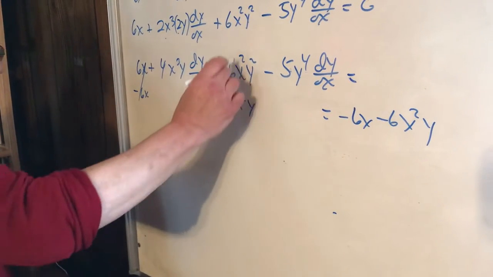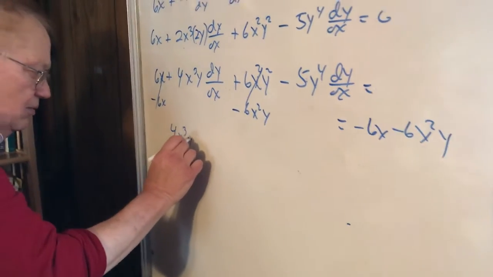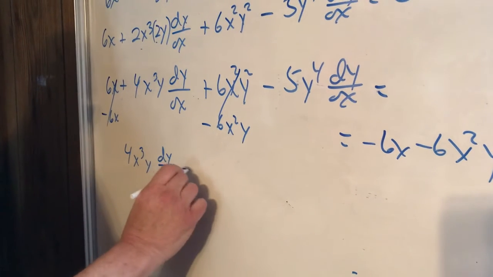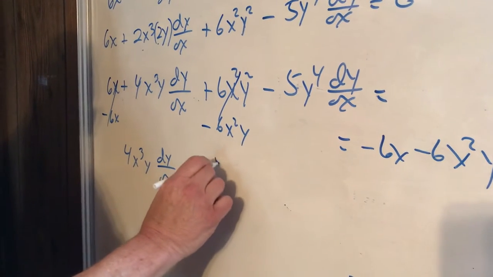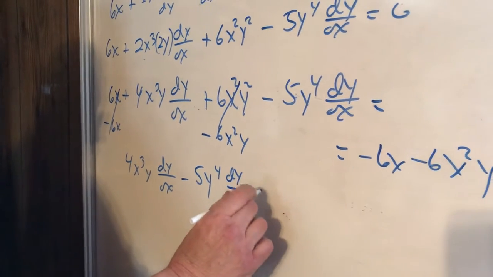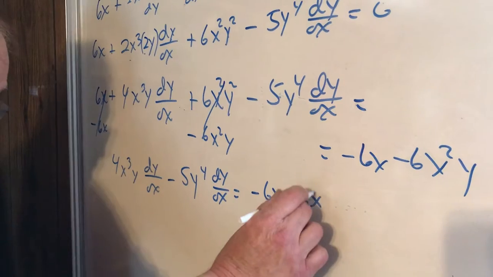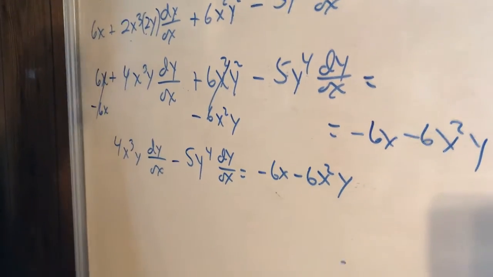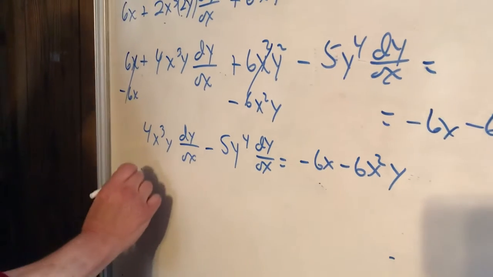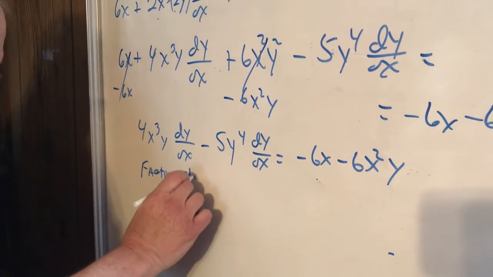These cancel. Now I have 4x third y dy/dx minus 5y fourth dy/dx equals minus 6x minus 6x squared y squared. Well, since I want to solve for dy/dx, I'm going to factor out the dy/dx.